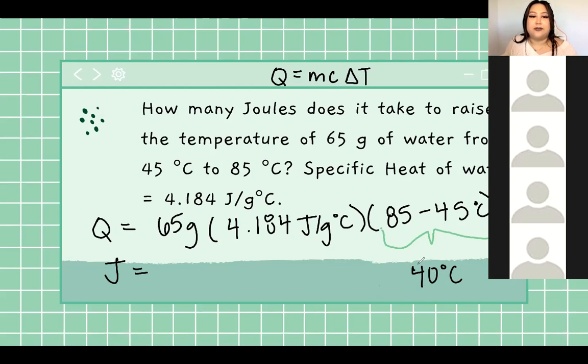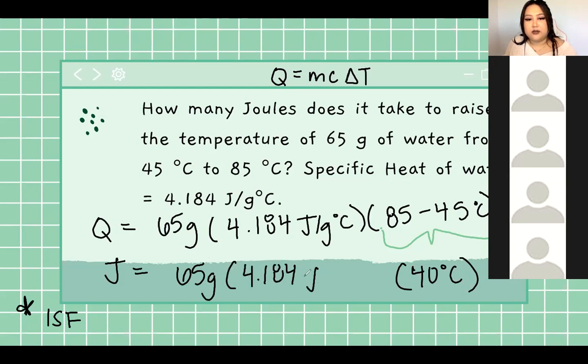And we will carry that 1 sig fig to this answer. So we'll just make a note about how the final answer will be in 1 sig fig. So pulling everything down, 65 grams and 4.184, we can just multiply all the way across through.